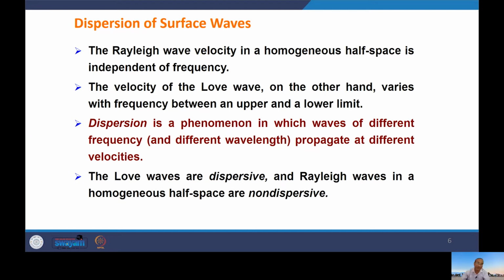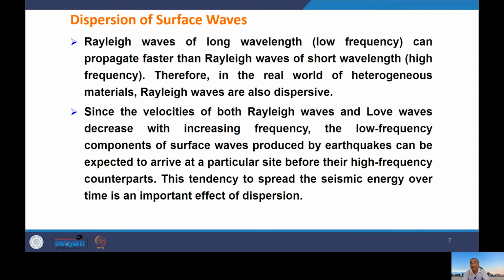Continuing with Rayleigh waves, when you have a long wavelength, that means you will have low frequency, and if you have a short wavelength, then the frequency will be high. So Rayleigh waves of long wavelength with low frequency can propagate faster than Rayleigh waves of short wavelength.